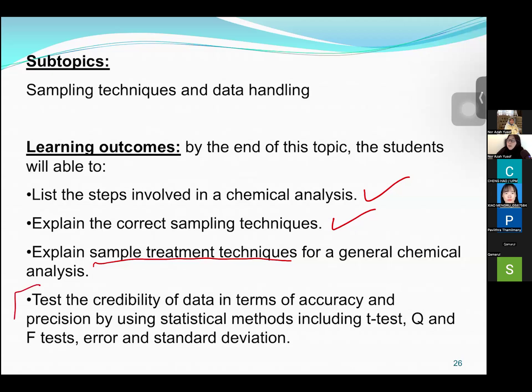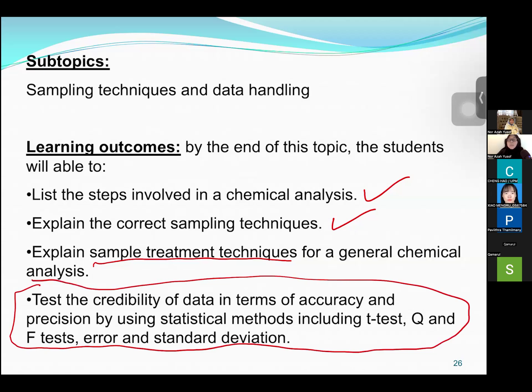Okay, once you have done the analysis, you get data. So the data has to be managed. The data has to be interpreted. The data has to be analyzed. Okay, it's not just data. You cannot get any conclusion from crude data, but it has to be analyzed. Okay, so these are the steps.